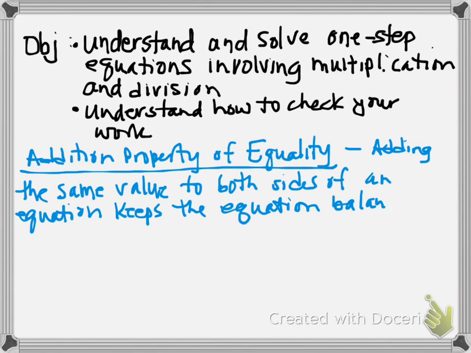And by balanced, it means that you haven't changed the meaning of one side or the other.